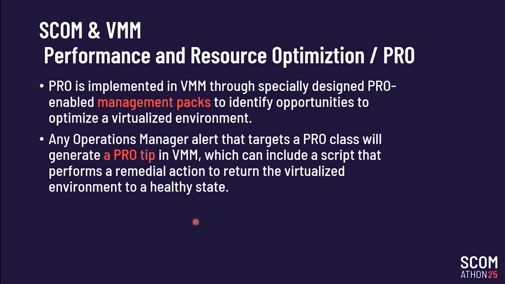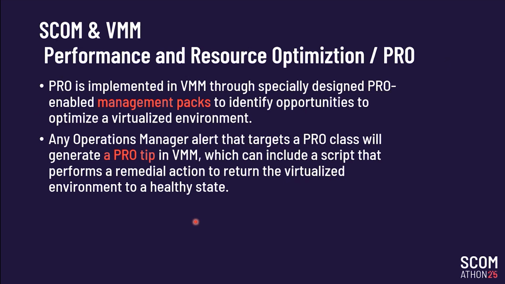So there's one other feature which is very powerful. It's called performance and resource optimization in Virtual Machine Manager. That only comes into play if you combine VMM and SCOM. Basically, there are 4 management packs you import, and these management packs guide you through an optimization process.